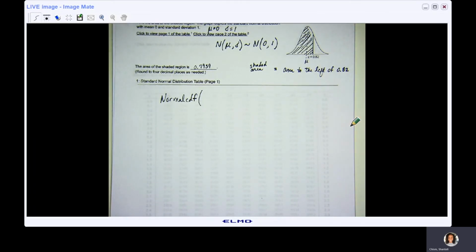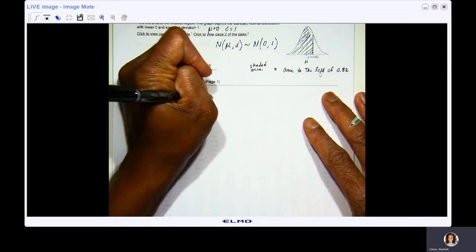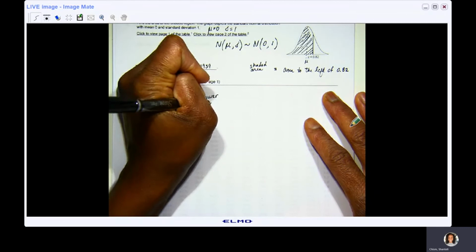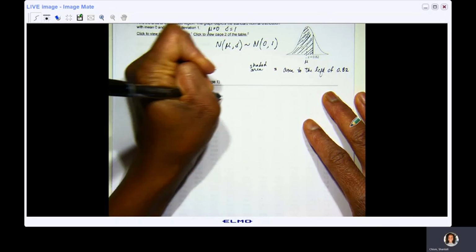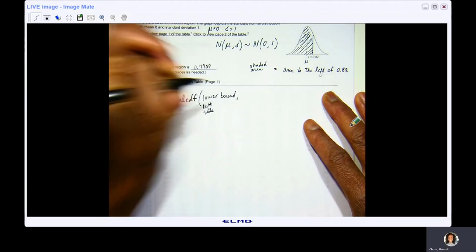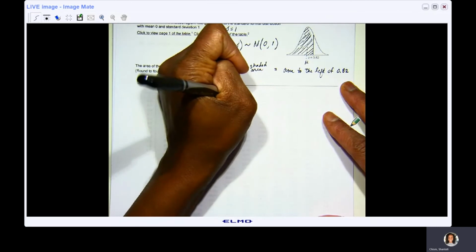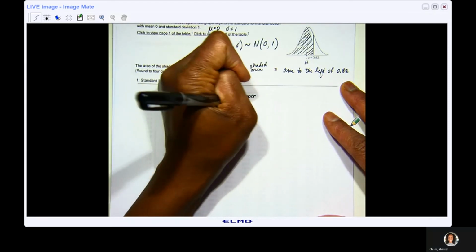So you have to tell the calculator what the left bound is, which is the lower bound. So lower bound, which is the left side. You have to tell the calculator what the upper bound is, which is the right side.